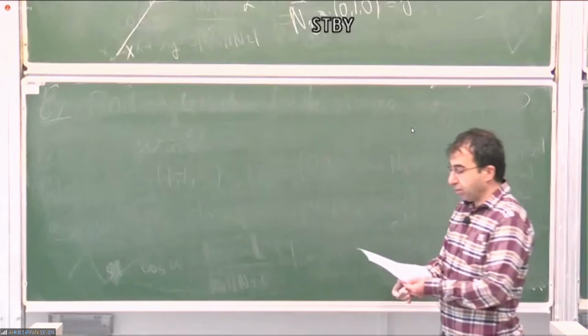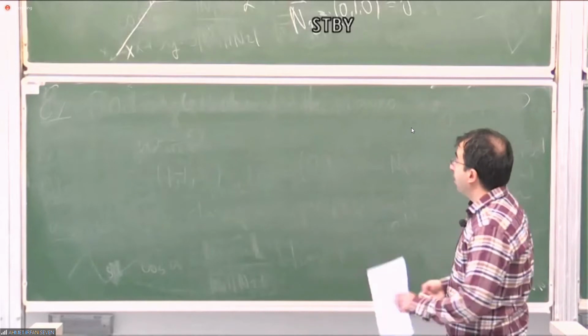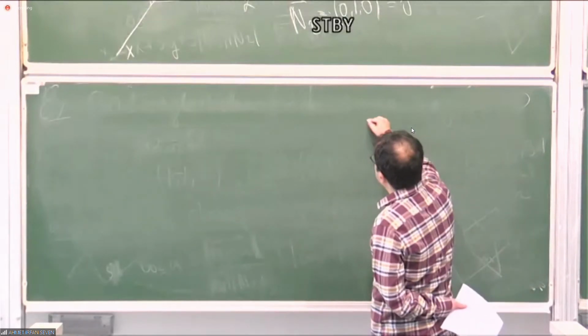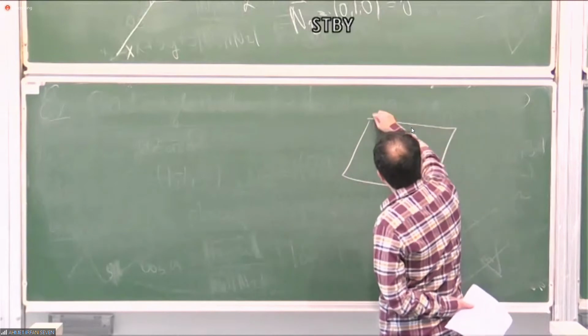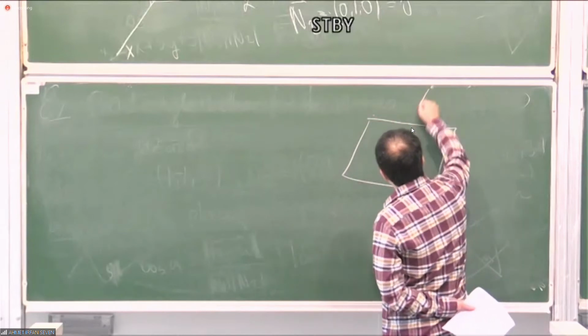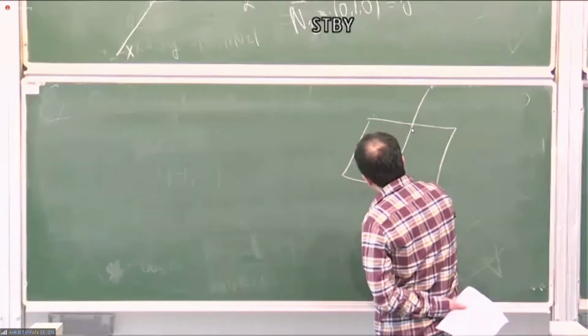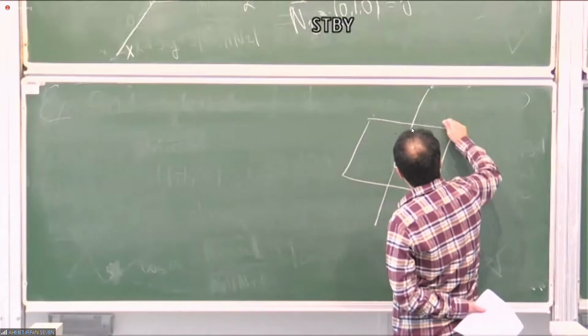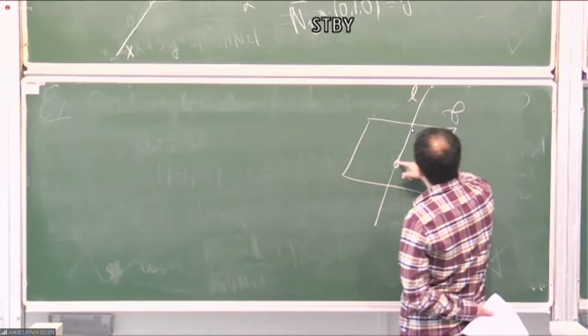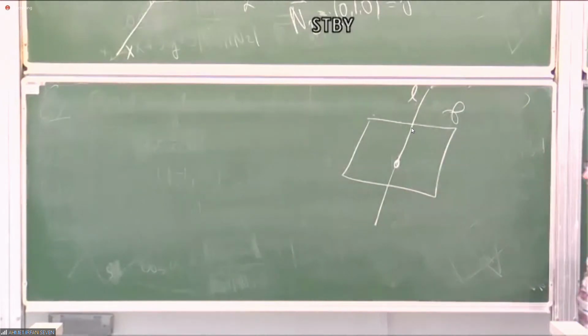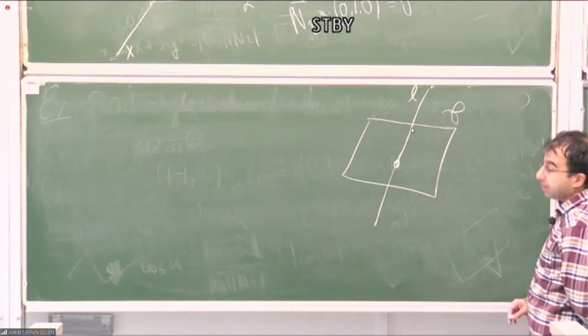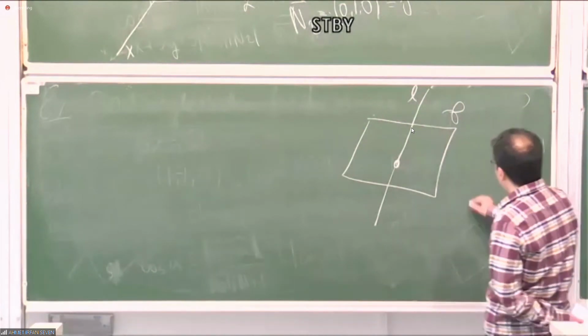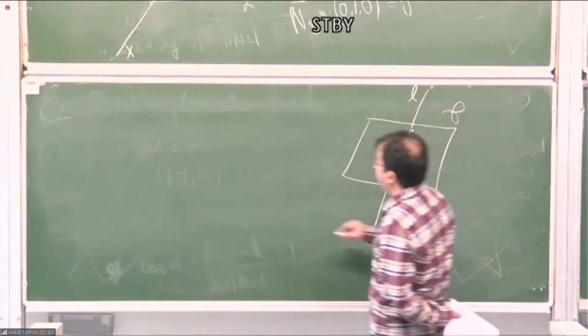Two things could happen, right? This is the plane and there is the line. They may intersect, fine. Another thing that could happen is that they may not intersect. How? They could be parallel.